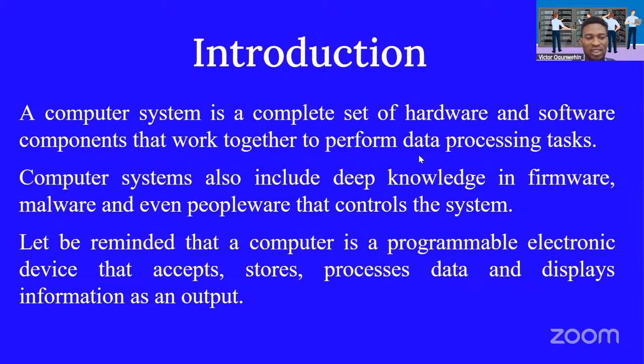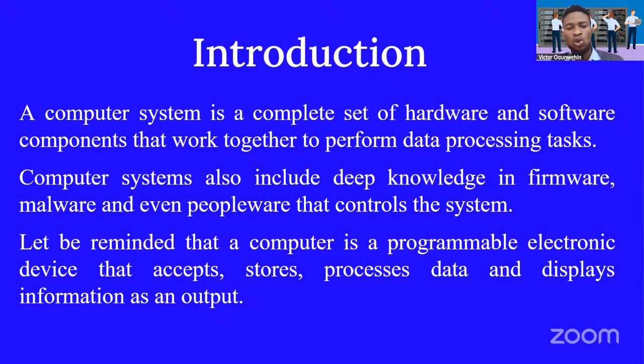If you look at the background of my video profile there, you are seeing some hardware, and some persons trying to make use of the computer hardware. That is what a computer system is: a complete set of hardware and software components that works together to perform data processing tasks.